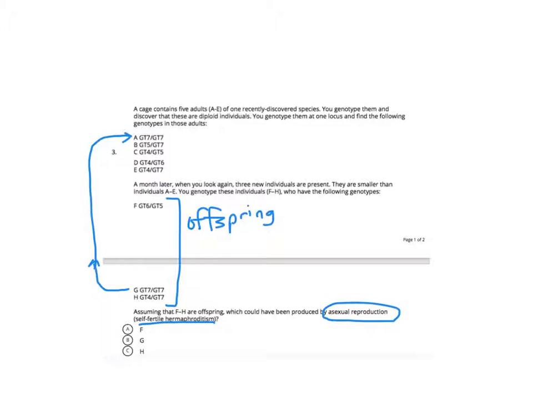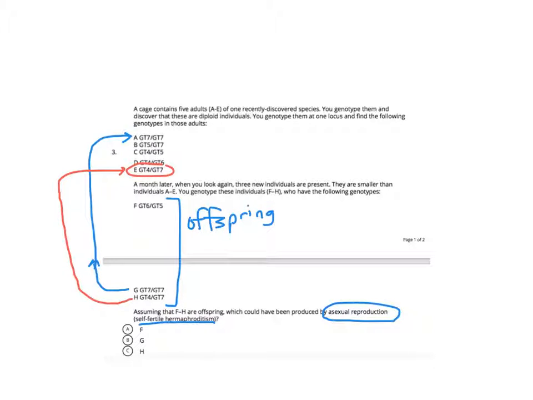You're looking for the individual that has the exact same genotype. So could either of the other 2, could F or H be produced by sexual reproduction, or by asexual reproduction? Who would H's parent be in that case? Yeah, so this individual has a 4 allele and a 7 allele, and so does parent E. So it's possible that parent E could have produced, in spermatogenesis, a sperm that, say, had allele 4 and an oocyte that had allele 7.